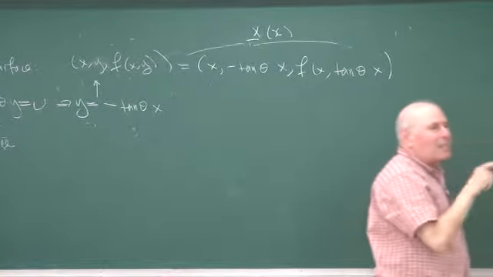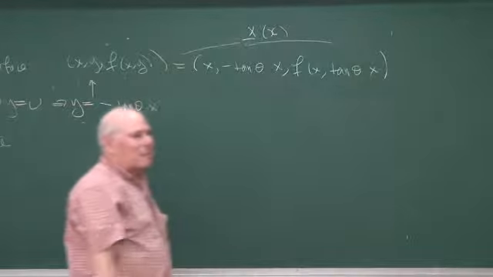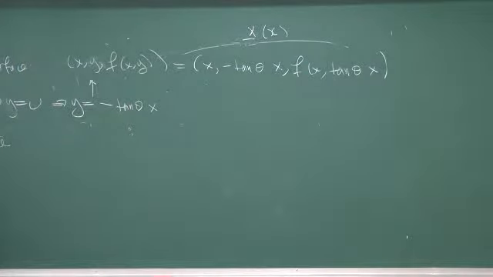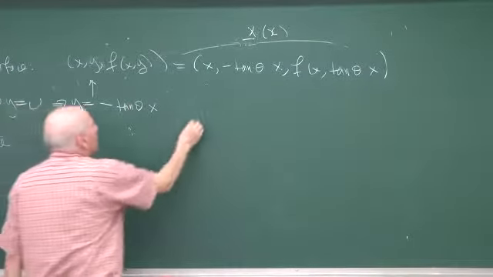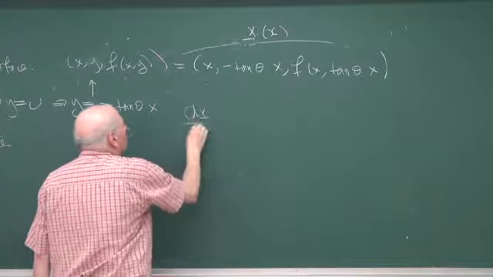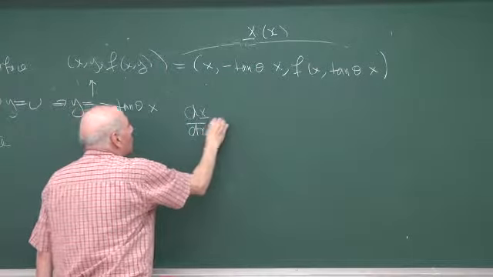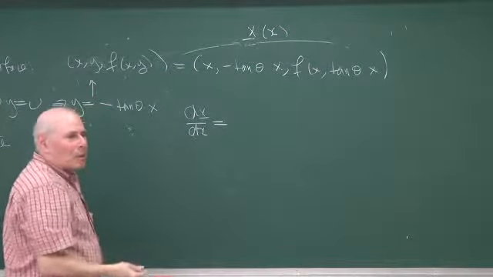I really should write little x equals t, but that gets a little confusing. So I have to differentiate this once with respect to little x, and then twice.